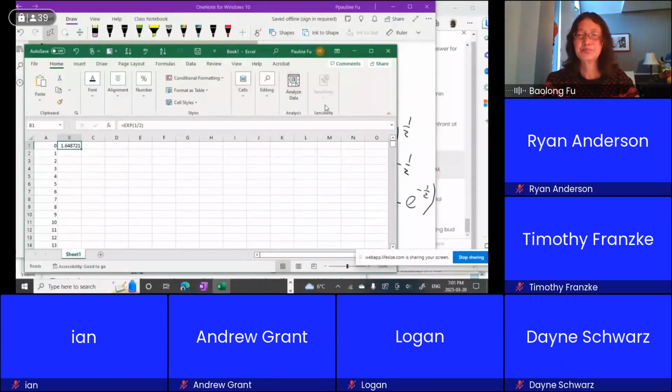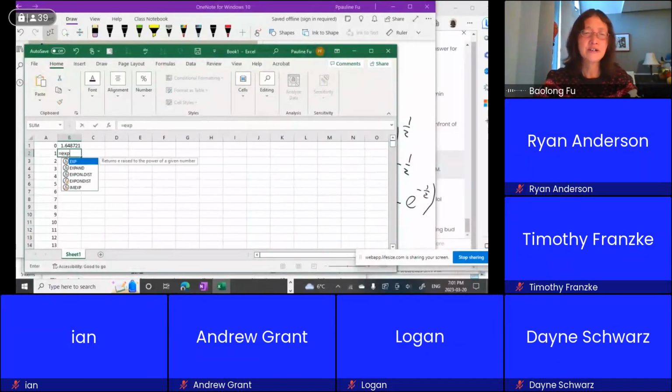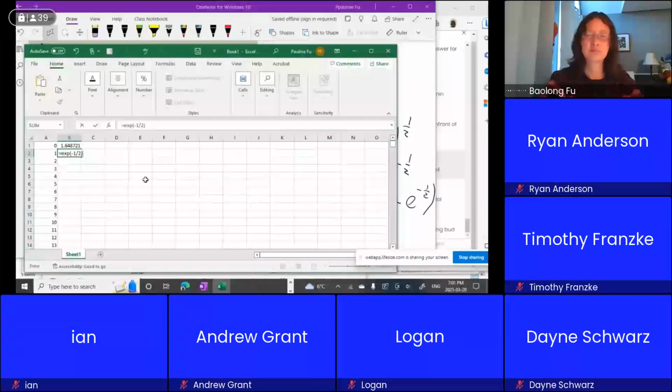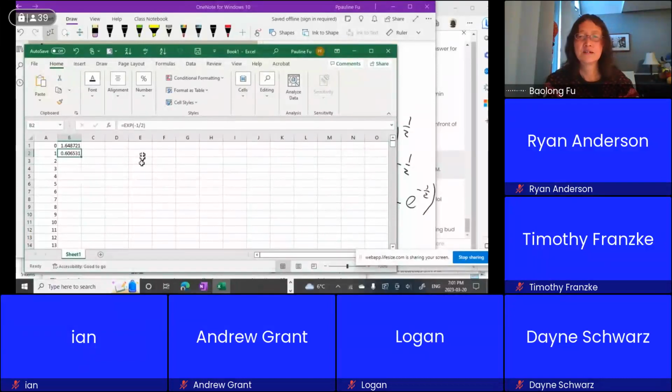And then we need to know what is EXP raised to the power negative 1/2. It is .665. Okay, and then subtract this number, and the result times 2.